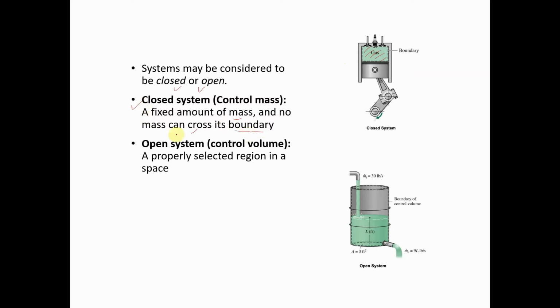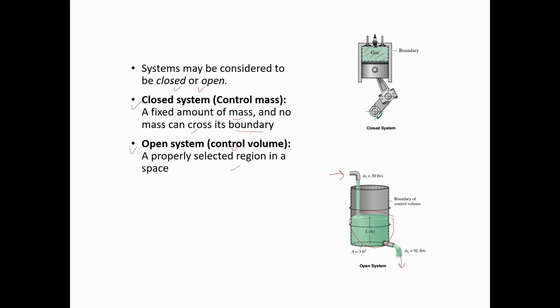But at the same time, we also have an open system, which is known as a control volume. Okay, why do we call it a control volume? Because we cannot control the mass. For instance, like this one, this is an open system. Some mass will go in and go out all the time, even during the process. So what we control is the volume of this water. This is also considered a properly selected region in space.